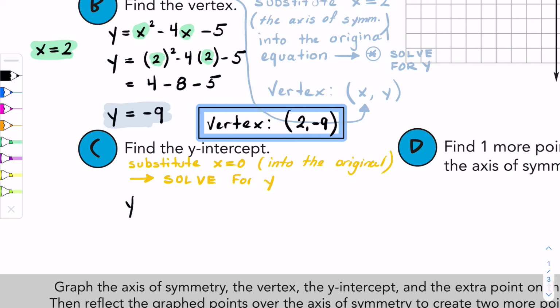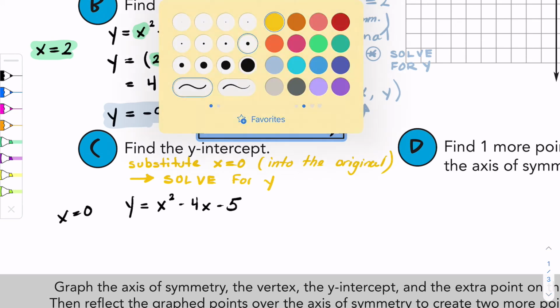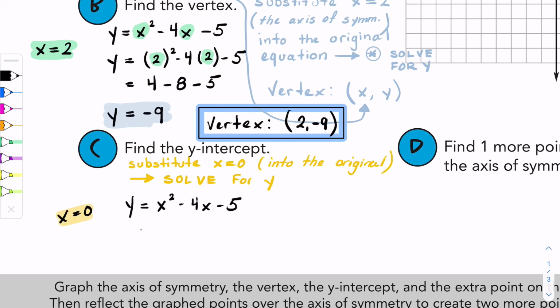Our original equation is y equals x squared minus 4x minus 5. If I substitute x equals 0 back into this equation, we end up with 0 squared minus 4 times 0 minus 5. 0 squared is 0, 4 times 0 is 0, and we are left with y equals negative 5.